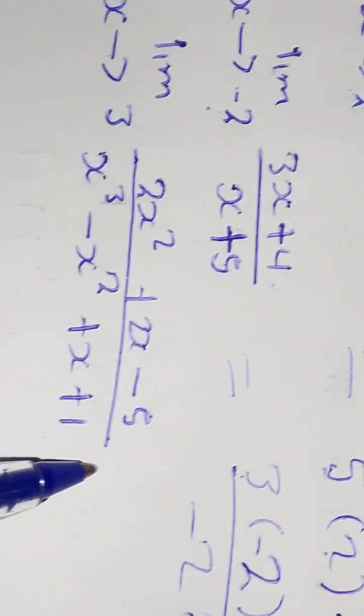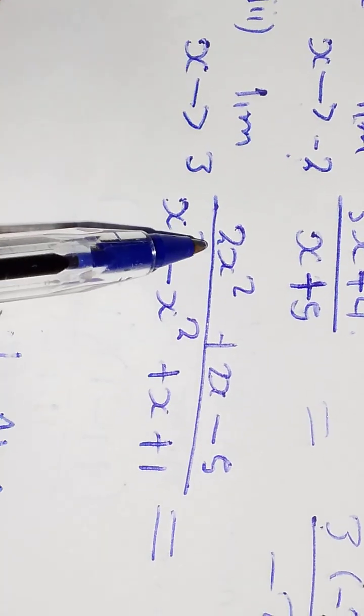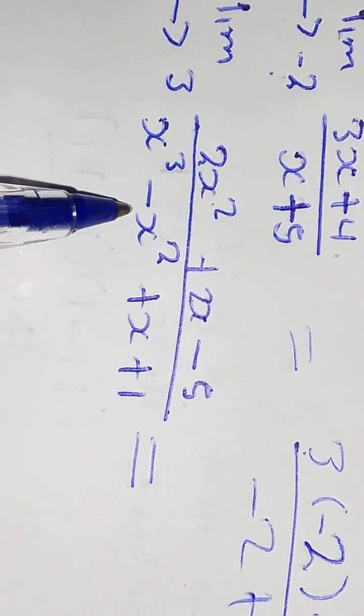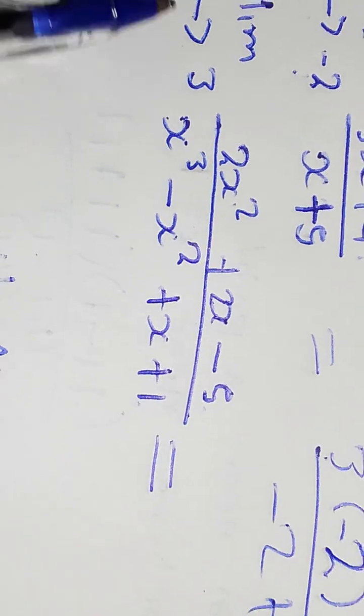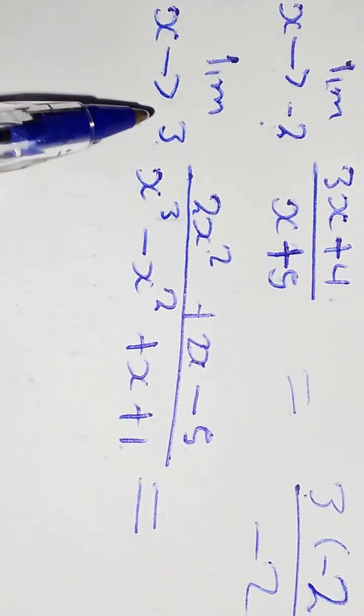Then let's move on to the last example here. It's saying the limit of (2x squared plus 2x minus 5) over (x cubed minus x squared plus x plus 1) as x approaches 3. As usual, where there is x, you put 3.